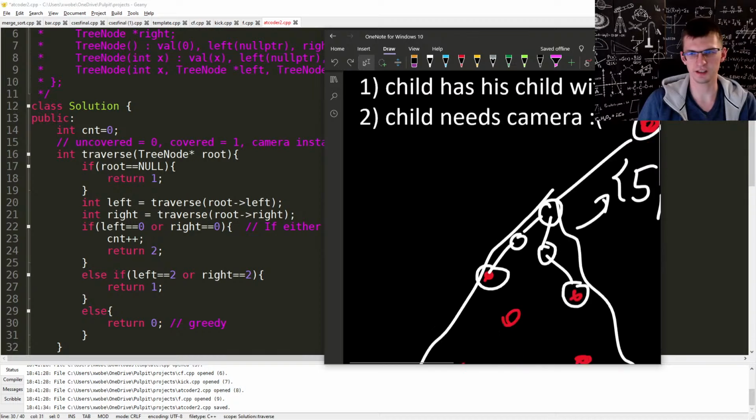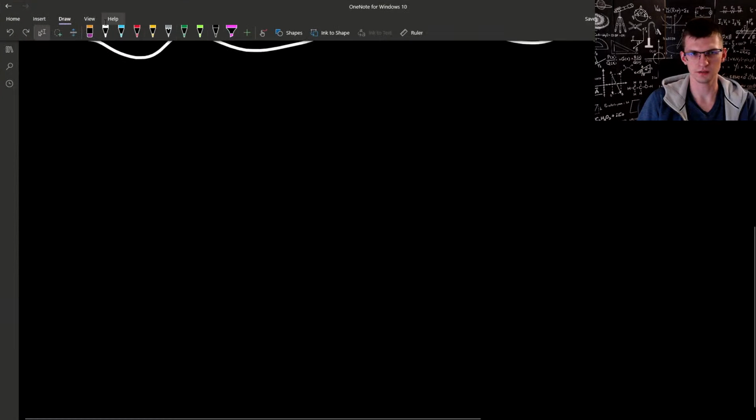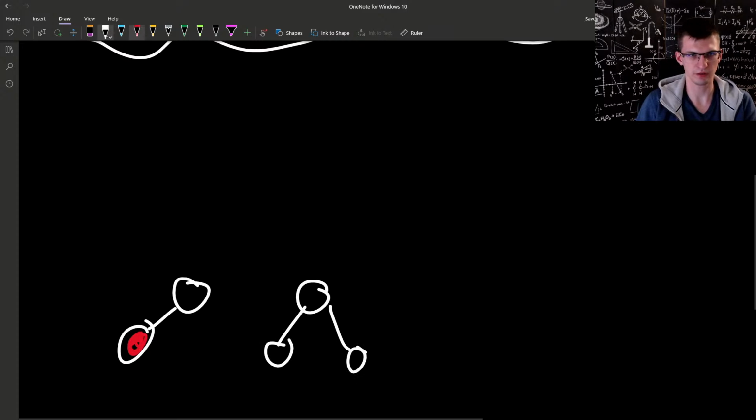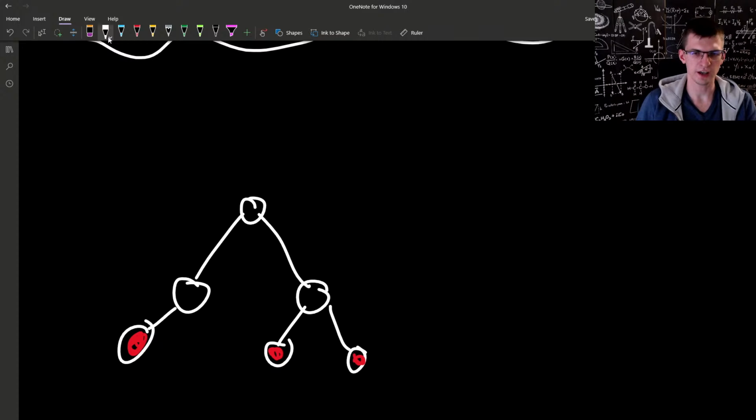Is it optimal to do this? If my children are covered by their children, like that. Maybe one of them is covered by two. So in this case, if I'm here, can I greedily decide whether to put a camera here or not? I don't need to do it. I can do it, and then I will also help my parent.